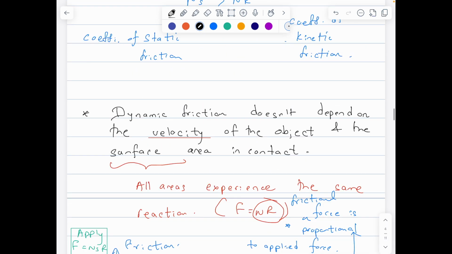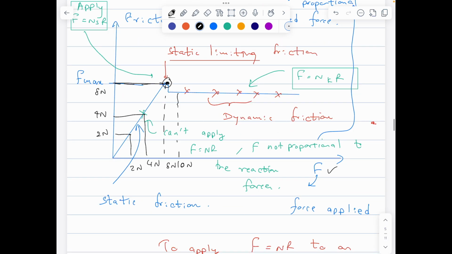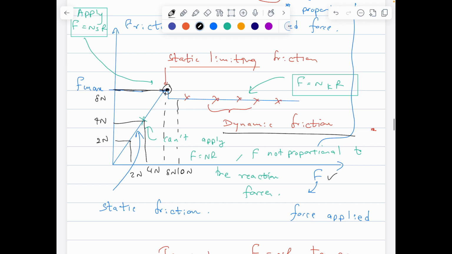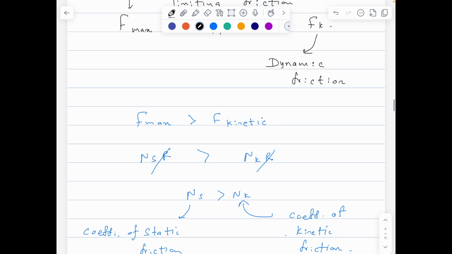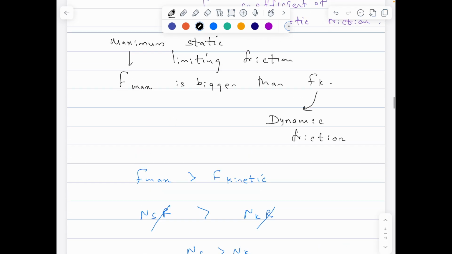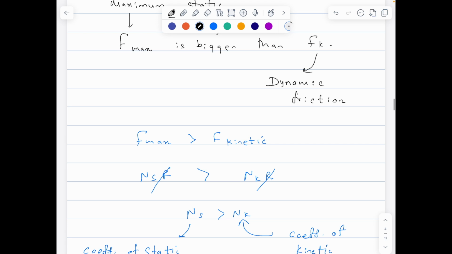But did you observe something very important here? The value of dynamic friction or kinetic friction is lower than the maximum static limiting friction. So then, if both of these frictional forces are proportional to the reaction, you should understand that mu k has to be lower than mu s. Okay, you'll understand that better through this.